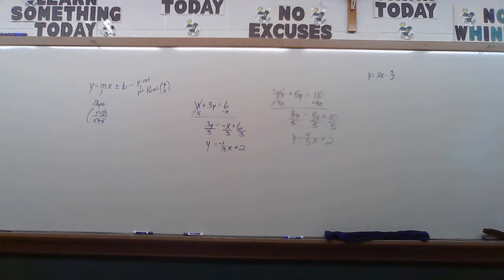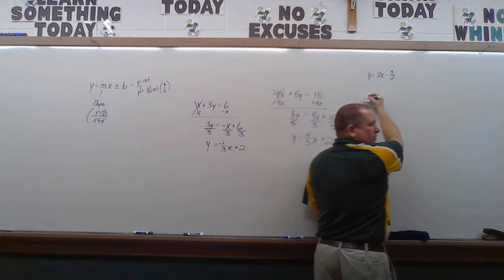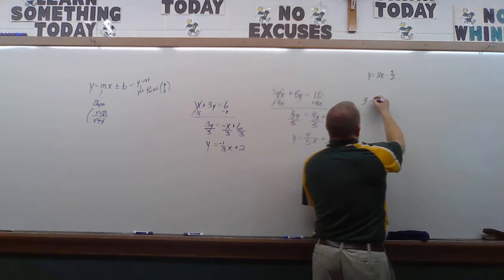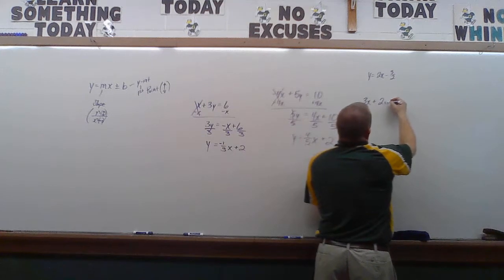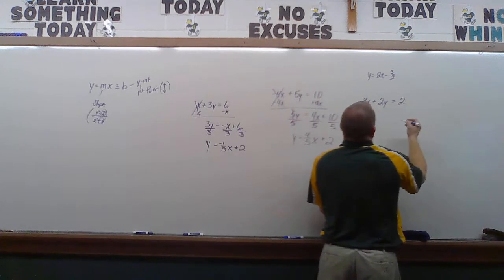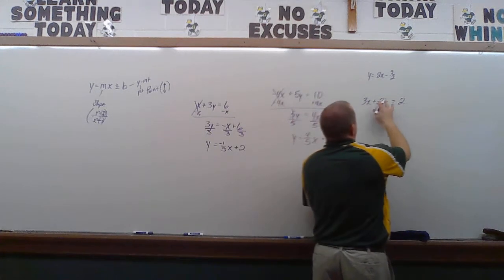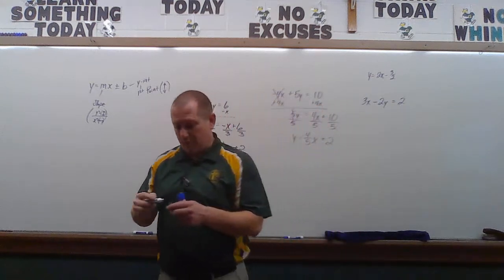So try this one all by yourself. And you don't necessarily have to graph it if you don't want to, but just think about what you would do. So, let's make this a -2y. Okay, so try that one out right there.